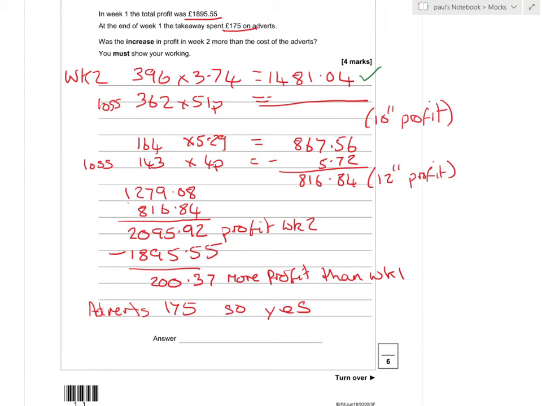It might be I just got that little bit wrong. So I've got 184.62. So if I do 1481.04 minus 184.62, that number comes out at 1296.42.